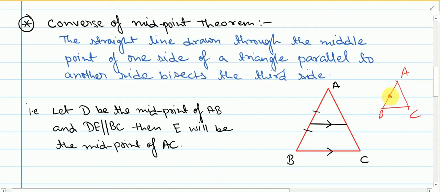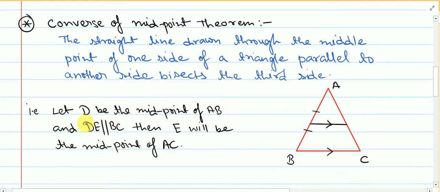Okay, so I have drawn this parallel to BC. So in that case what will happen, wherever this line meets AC will be the midpoint of AC. Okay, so let's say this is E, then this E will be midpoint of AC. That means this length and this length will be equal.